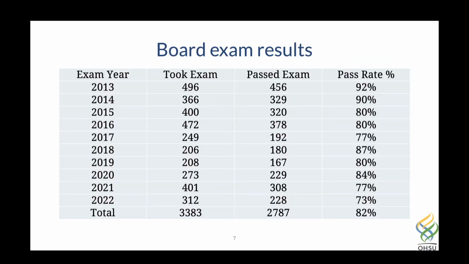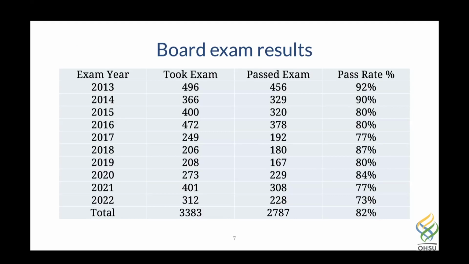These are just the numbers. I keep this slide because mainly I put it up in the board review course. But as you can see, the pass rate has been dropping a little bit in recent years, probably reflecting the fact that many of the early exam takers had a long history of working in the field.